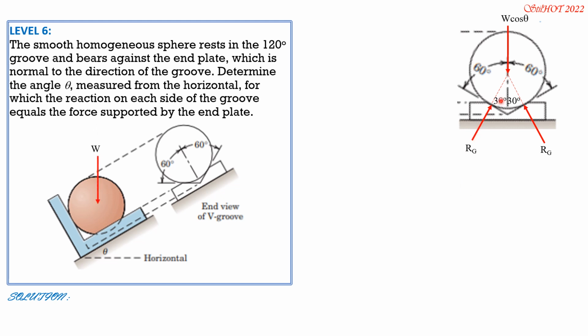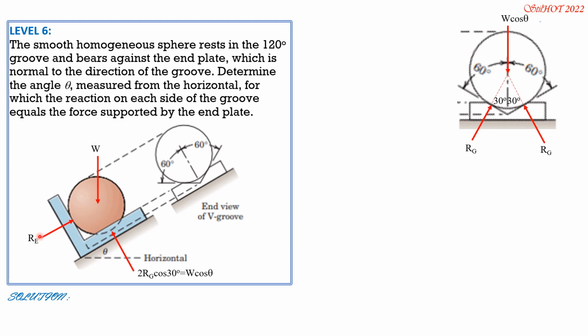Or to better look at it in this view here, we have the weight, we have 2RG cosine 30 degrees vertical. RV vertical is 0. So RG cosine 30 times 2 equals W cosine theta, because the angle that W makes with this normal axis is theta also.